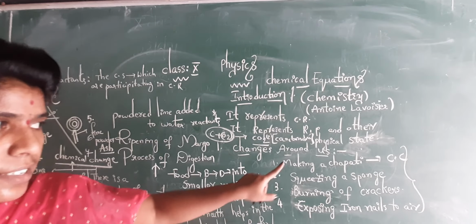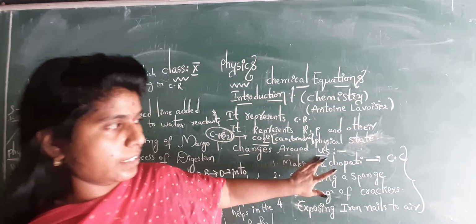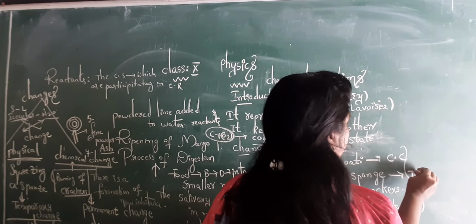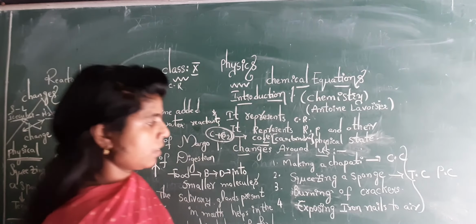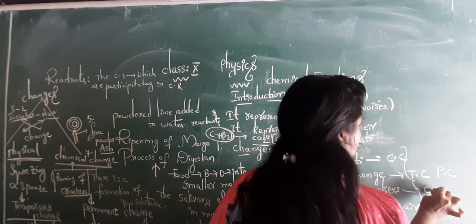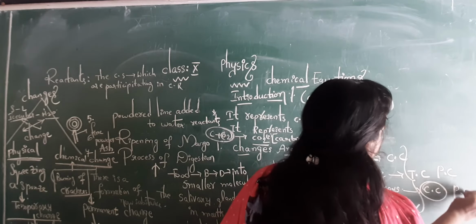That is the reason this is a permanent change. It will not regain its original state. Squeezing a sponge is a temporary change, that is physical change. Burning of crackers is a chemical change, so chemical changes are permanent changes.